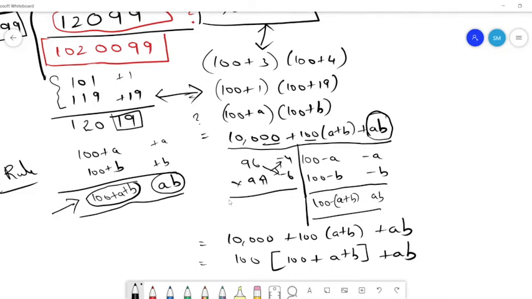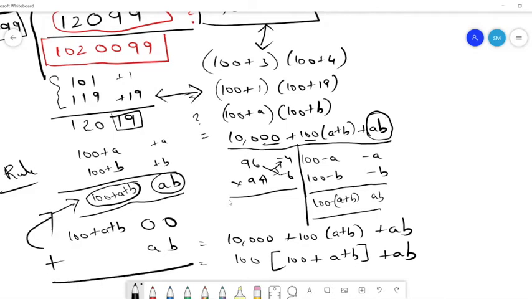So if you write it in the place value system, this is nothing but you write 100 plus A plus B and then put 2 zeros and add it with AB. That's it. This is exactly what we are doing in this rule. And it is 100 because we are dealing with numbers close to 100. Exactly.